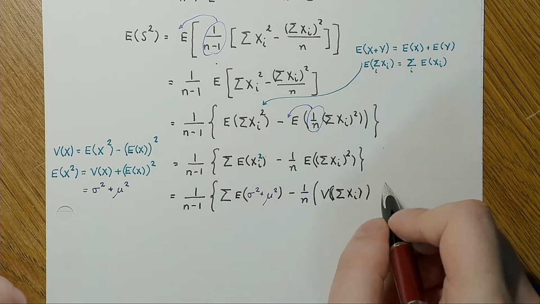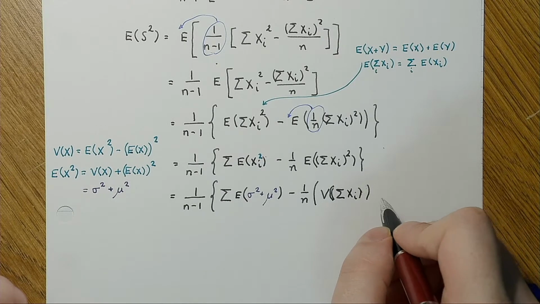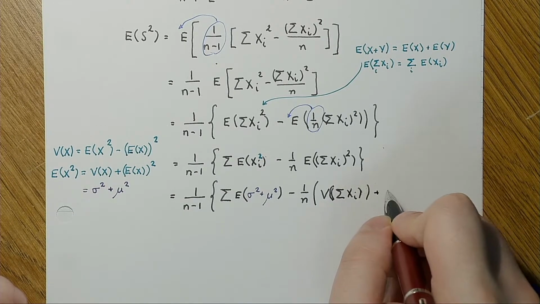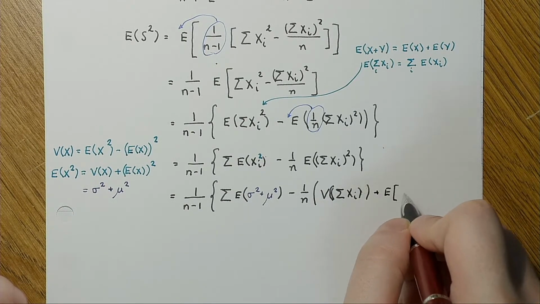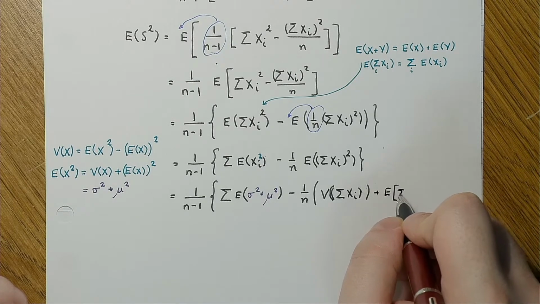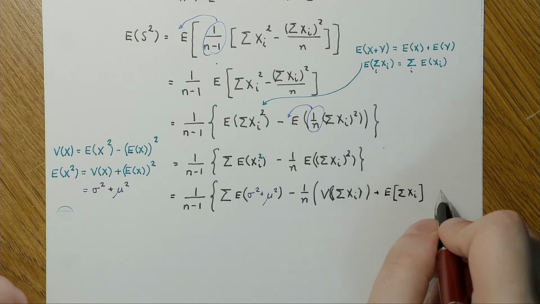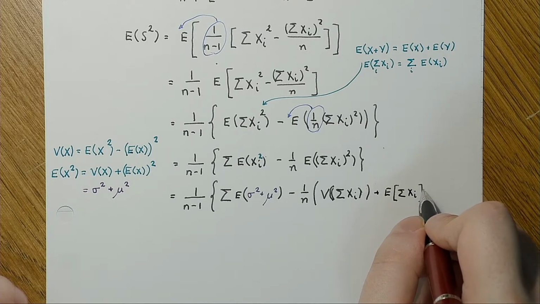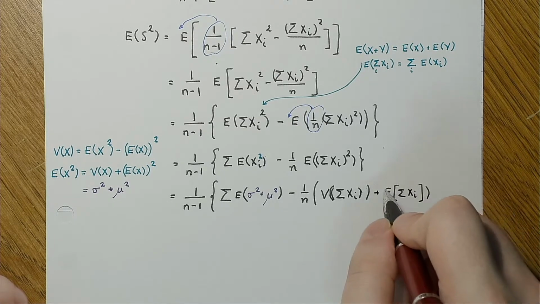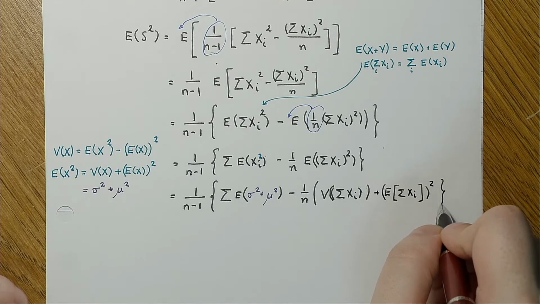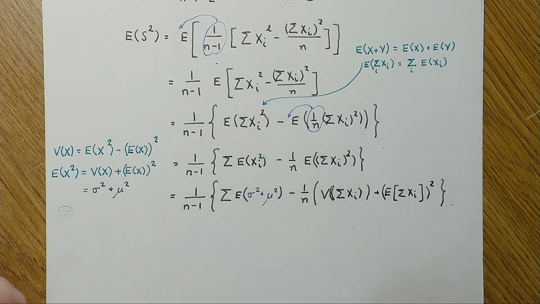Right, plus the expected value of the sum of Xi, this has to be all squared. Again, following that formula.